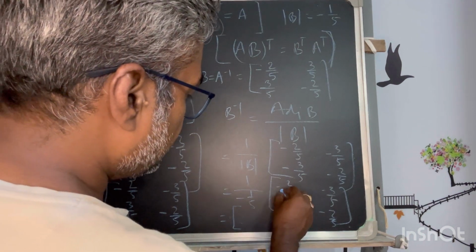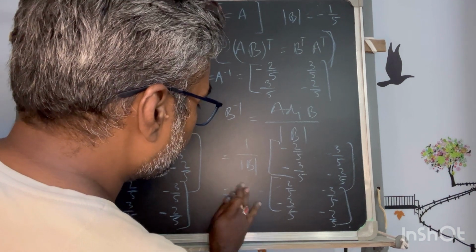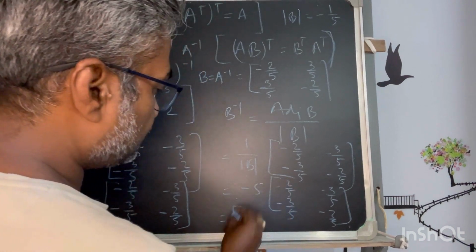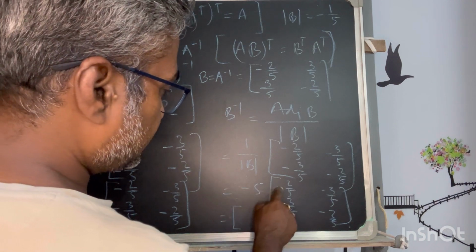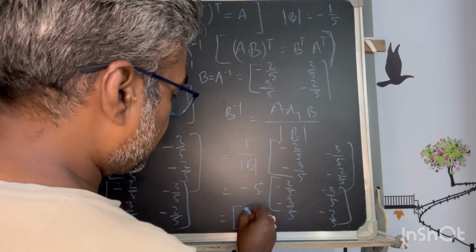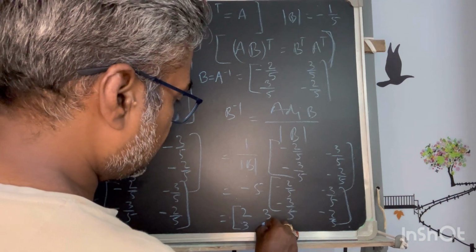If I multiply 5, this will anyhow become minus 5 outside, 1 upon 1 by 5, that is equal to 5. So now we multiply this: minus minus plus, 5 will cancel, it will remain as 2. Here 3 will remain, there 3 will remain, there 2 will remain.